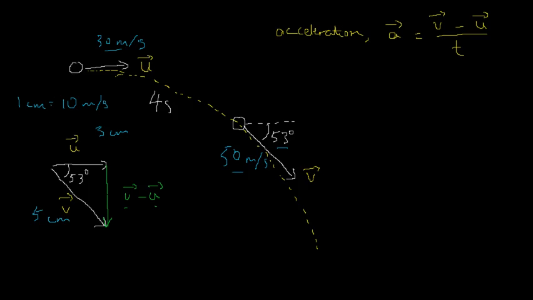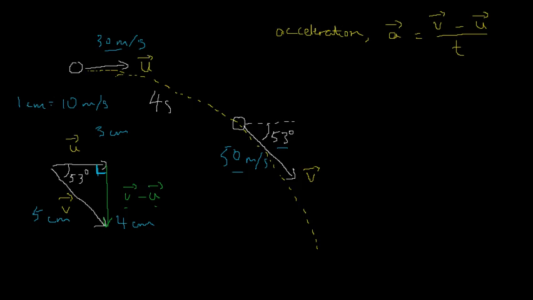And once we've done that, we can then use our ruler to measure the length of v minus u, and we will find that this length is very close to 4 centimeters. And if we use a protractor to measure this angle, we'll find that it's very close to 90 degrees. You can try it out.